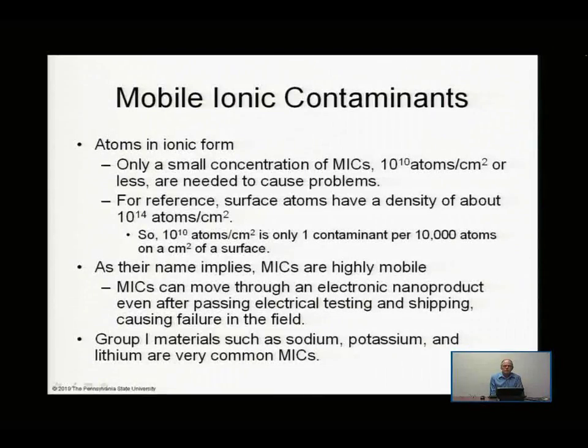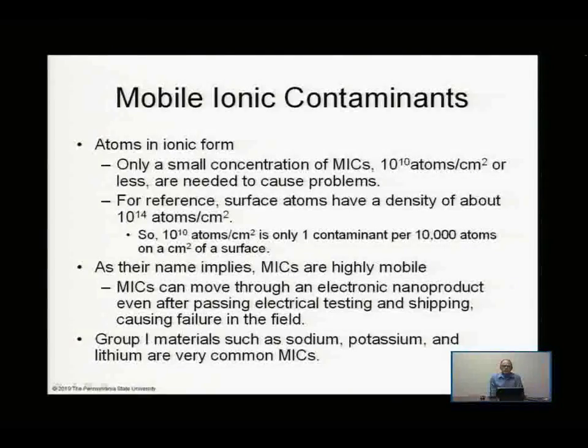So 1 out of every 10,000, that can be disastrous for electrical devices. So for example, for transistors, that kind of contamination is positively disastrous. And it doesn't take much, only 1 in 10,000 atoms, to cause a disastrous situation from this source of contaminant, mobile charge, mobile ions. And these ions are very mobile.